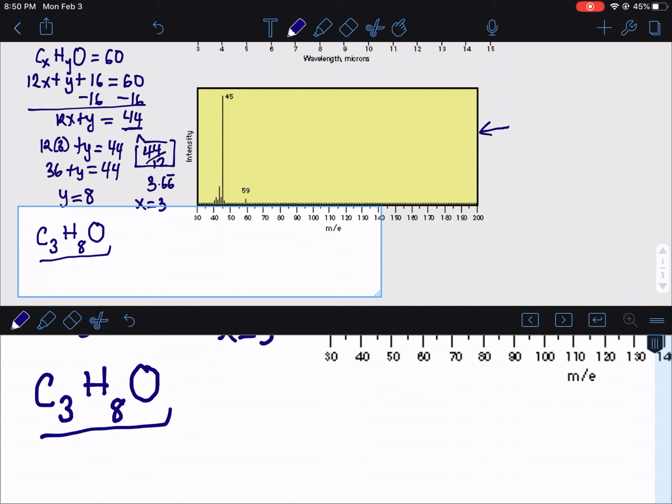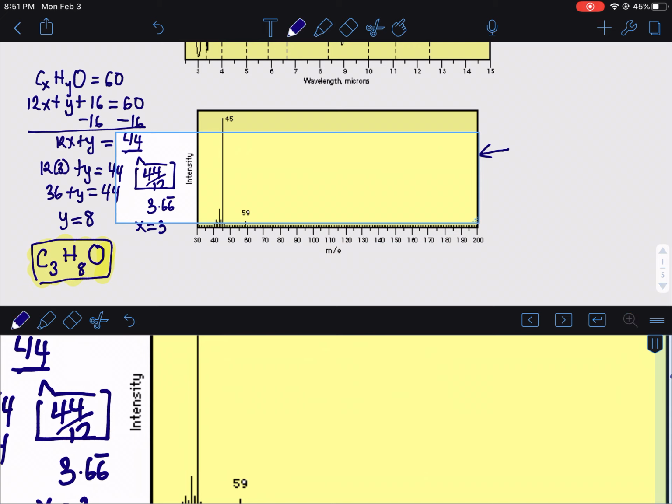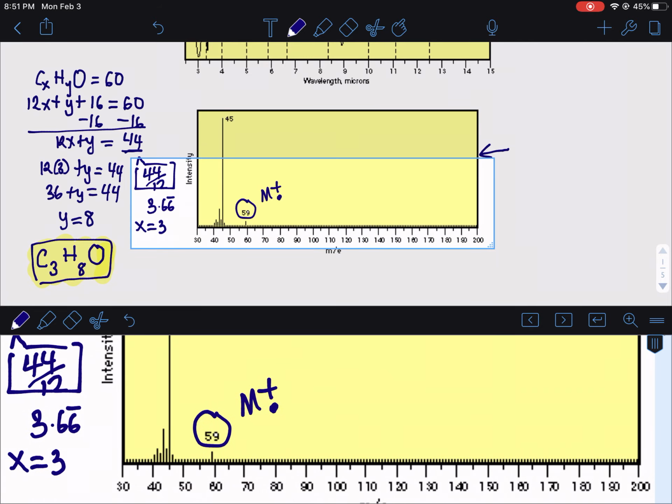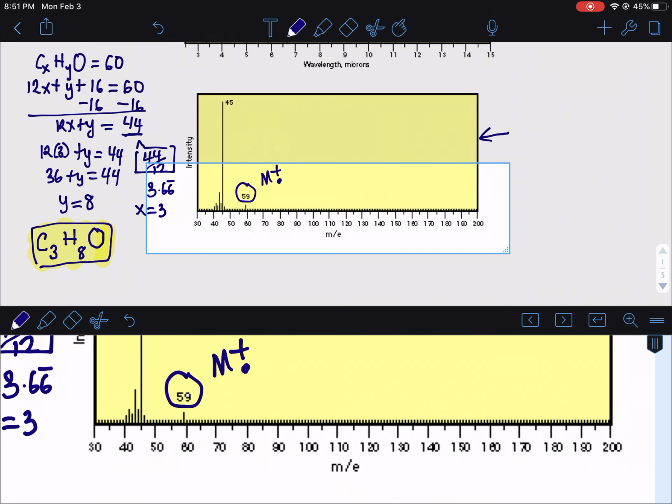So this is our molecular formula, and we derived this from the molecular weight and the mass spectrum. Right here is our molecular ion or parent peak. They put 59, but I believe the correction up here says 60, so let's just put that as 60.